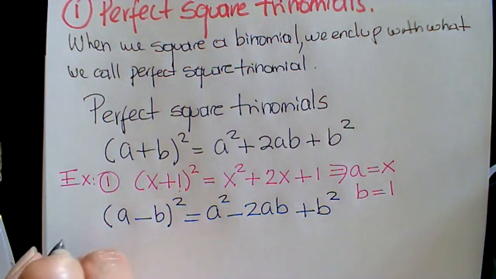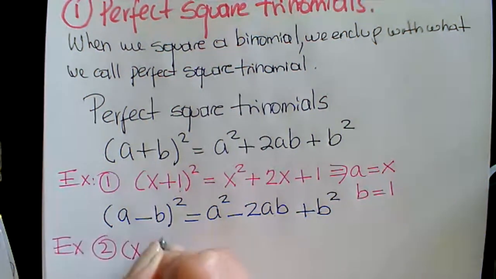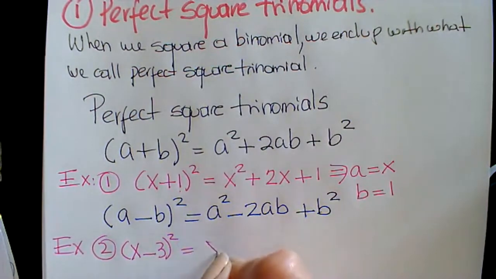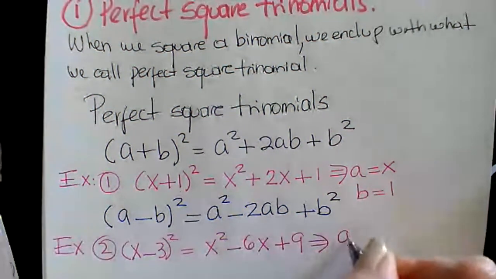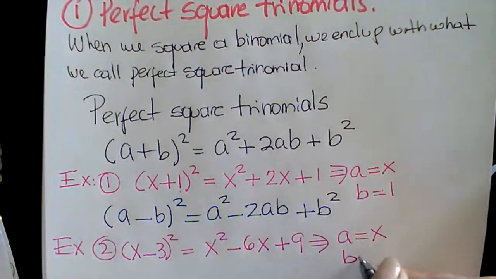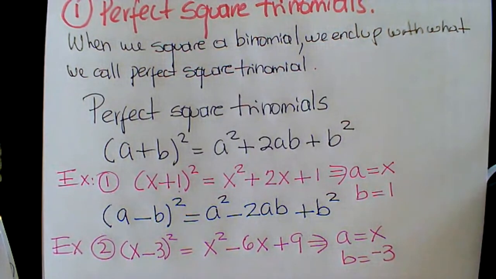And here's the other example. x minus 3 squared. So it's going to be first one squared minus 2 times 3 times x, which is 6x, plus this one squared, which is 9. We know that a is x and b is negative 3. All right.